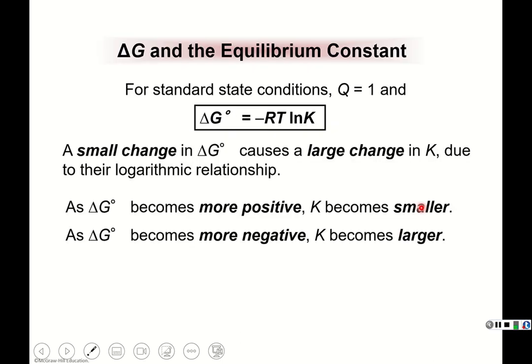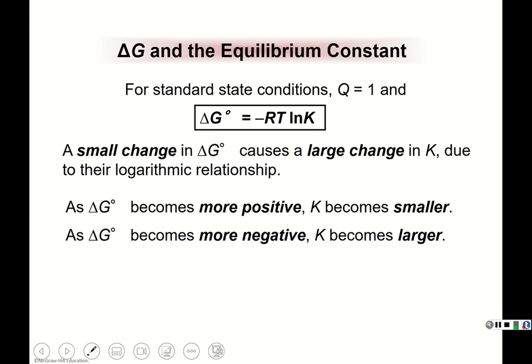So for standard state conditions, Q is 1. And remember, why is that? At standard conditions, the concentrations of everything are 1, and the partial pressures of gases are 1 atmosphere. So if you calculated Q, it would always be 1 at standard conditions.